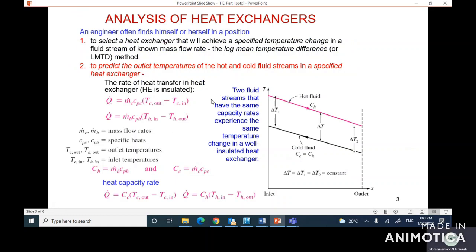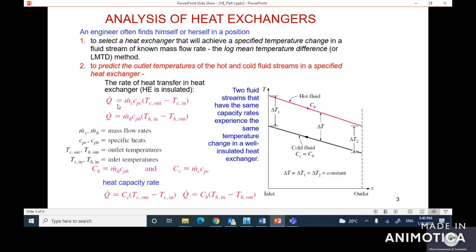The main aim in the design of a heat exchanger is to calculate how much heat can be transferred from the hot to the cold fluid. So we need to calculate the amount of Q, or heat transfer, in the hot as well as in the cold fluid. Since it's an energy balance, both these values are equal to each other.